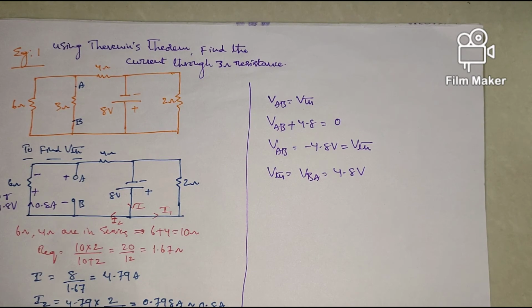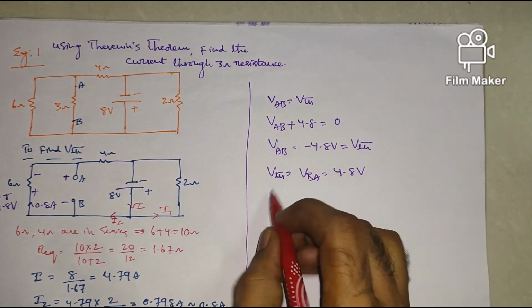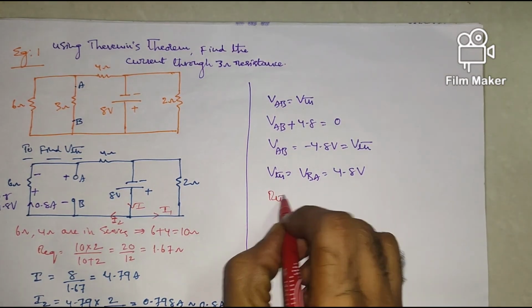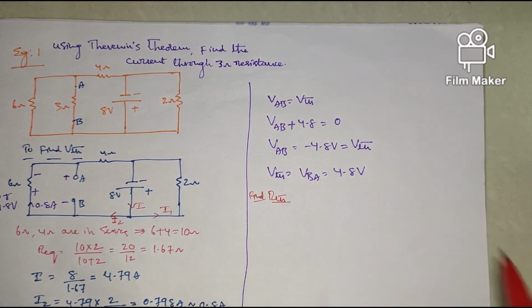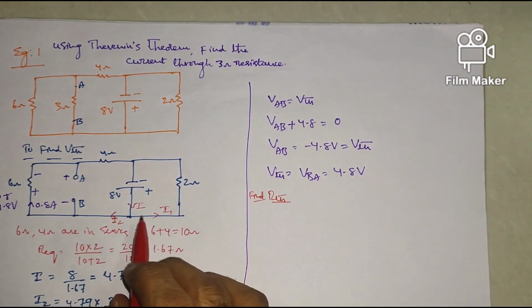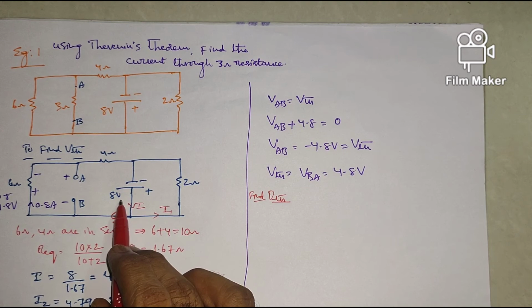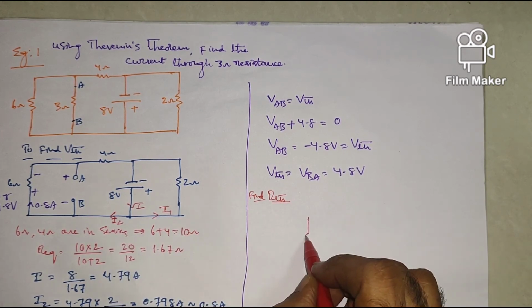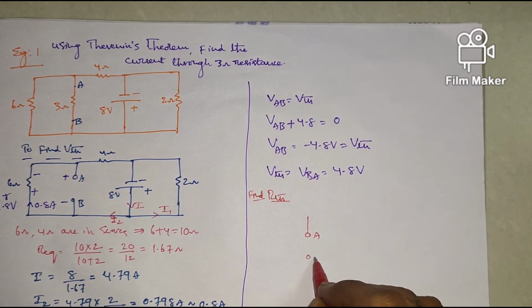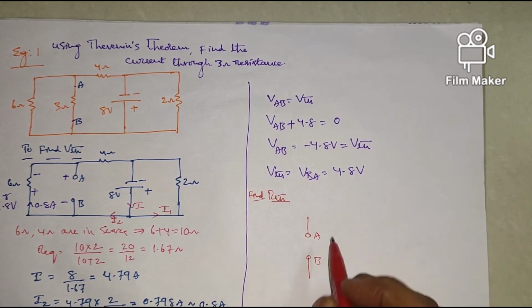And next let us find out the magnitude of Thevenin resistance, R Thevenin. In order to find out R Thevenin, we have to first of all make all the sources equal to 0. Here we got only one source, 8 volts, and in order to make it equal to 0, let us short circuit this. Let me write down the terminals A and B here.